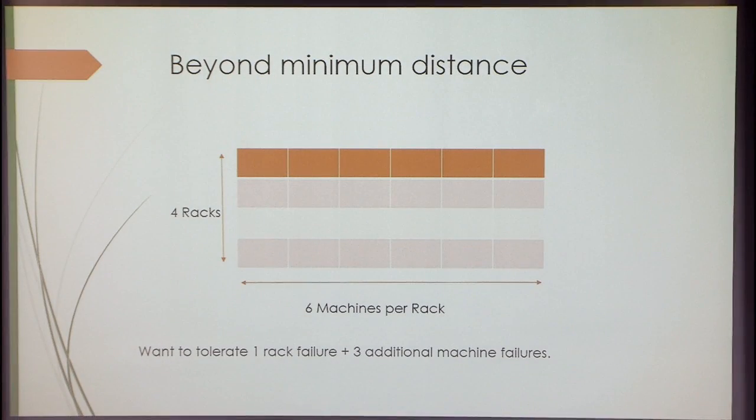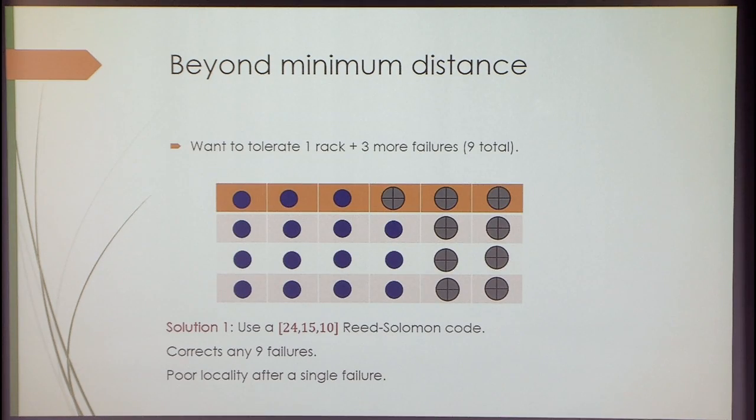Okay. So concretely, let's say in this scenario, we want to tolerate 1 rack failure and some 3 additional machine failures. The first thing you could try is to use a Reed-Solomon code with suitable parameters. Since in the worst case we are gunning for 9 failures, and Reed-Solomon doesn't care which 9 nodes fail, you'd use a code which has minimum distance 10.